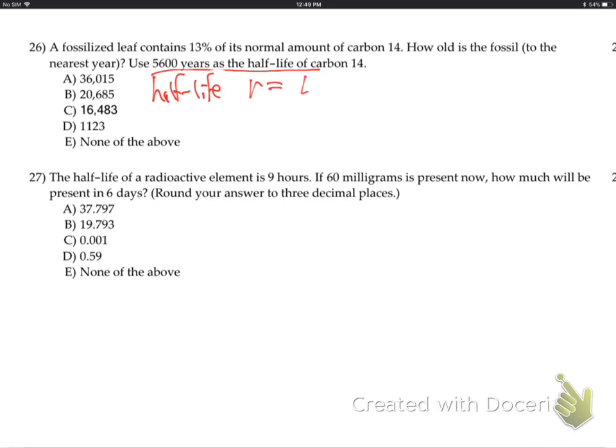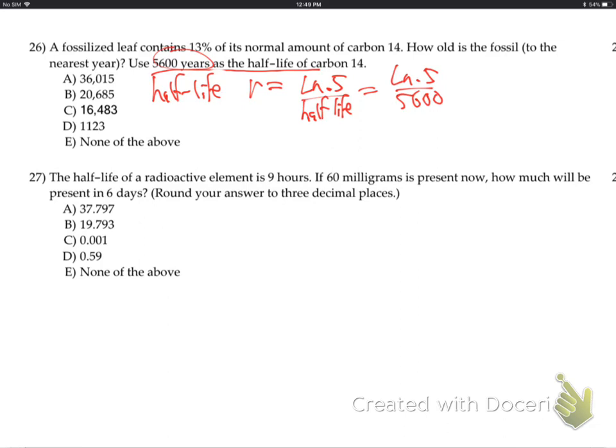R is always going to be ln of 0.5, there's your half, 0.5, over the half-life. So in our case, it's ln 0.5 over the 5600, because that's the half-life. So I gave you that tip so you can skip phase 1 when they tell you half-life. You got your R automatically, which is normally what we have to do in phase 1.